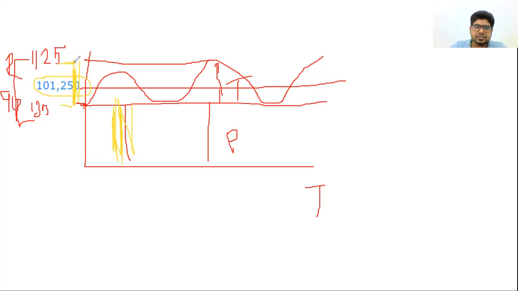It varies between this, and they have to keep which amount in hand? They have to keep 101,250. Do you agree? On average, they have to keep this money in their hand. I agree. Yes, sir.